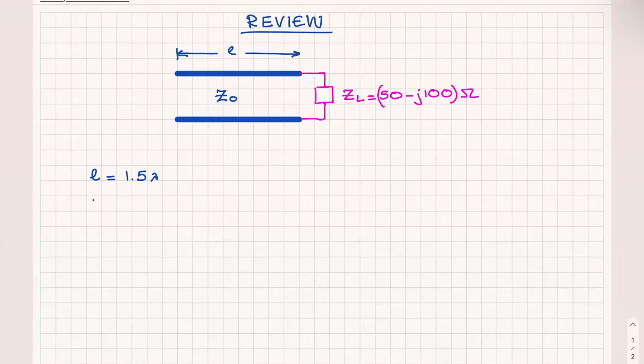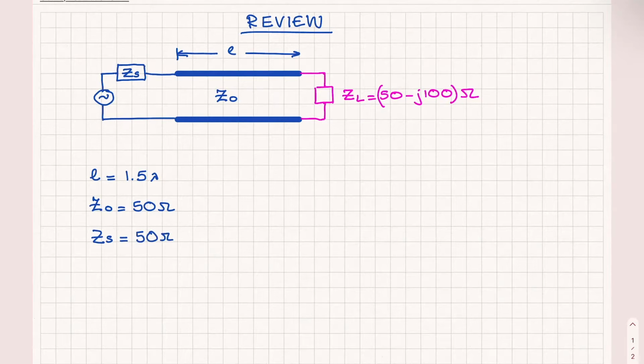We will assume that Z0 is 50 ohms, connected to a source with ZS also 50 ohms, and the source VS is 1 volt. So this is problem 1.